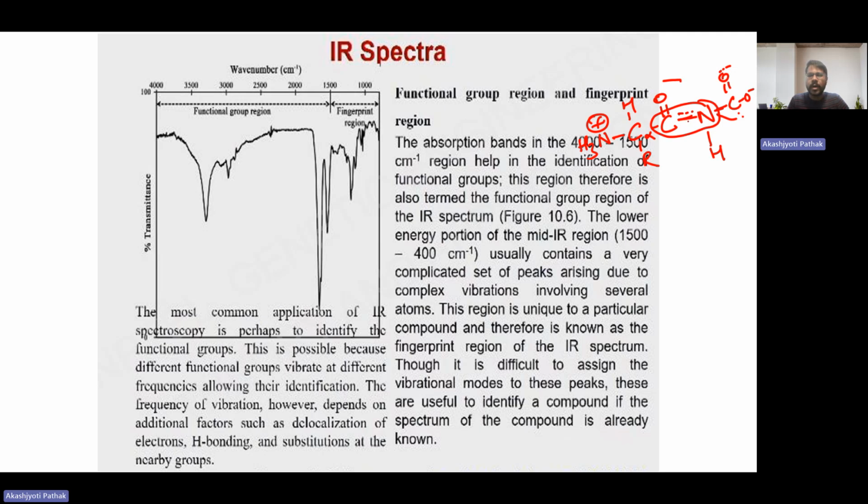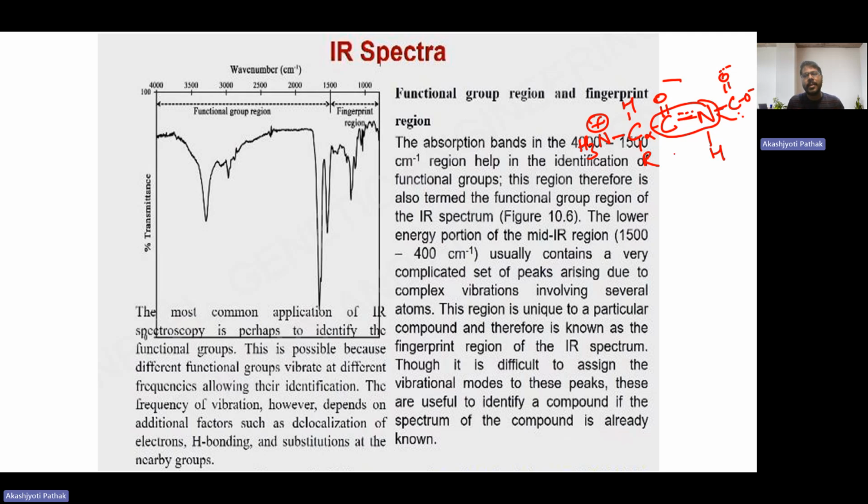This bond is between a double bond and a single bond, so there is a partial double bond character, isn't it? Then there is this NH bond, then there will be an NC bond and a carboxyl bond. You can see here that this biomolecule is composed of different functional groups. It has a carbonyl group, an amide group, and a carboxyl group.